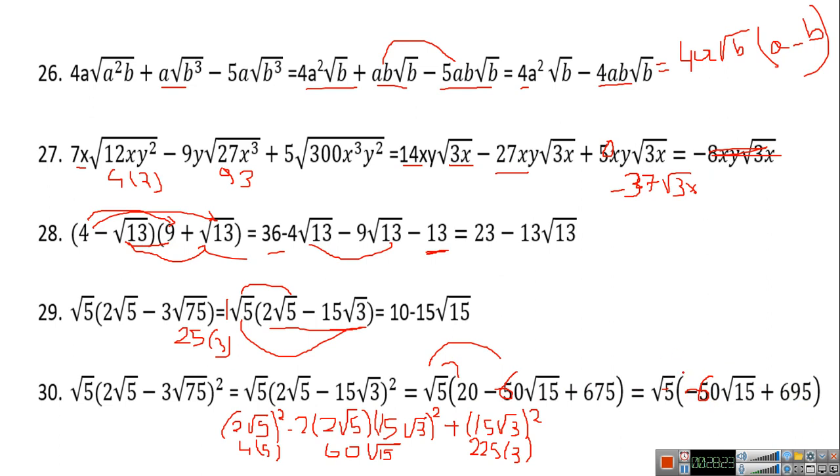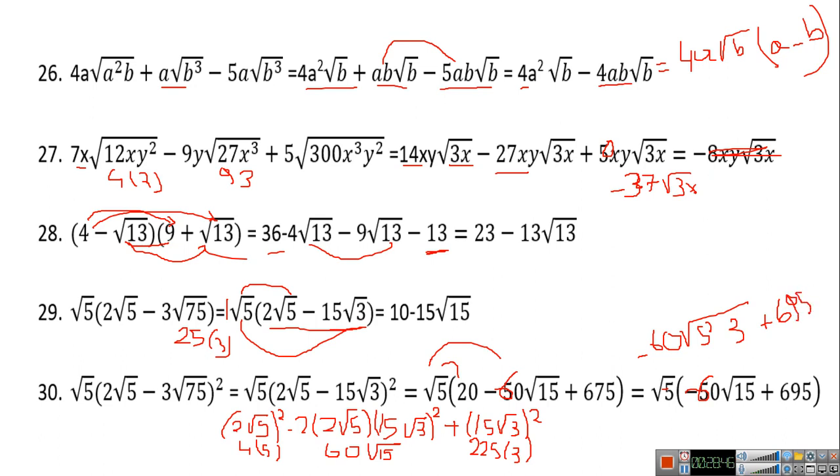If you want, you can continue, or you can keep it. If you want to continue, it will be minus 60 root 5 times root 15. This will be 5 squared times the 3, because 15 is 5 times the 3. You can simplify it, plus 695 if you want to continue. Both are correct.